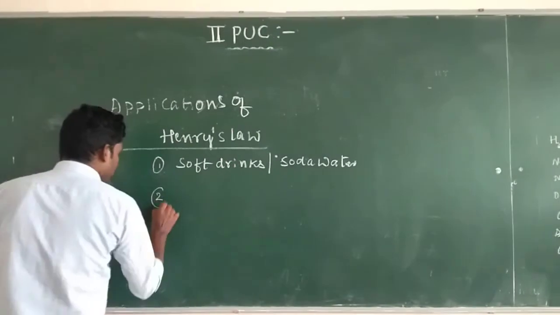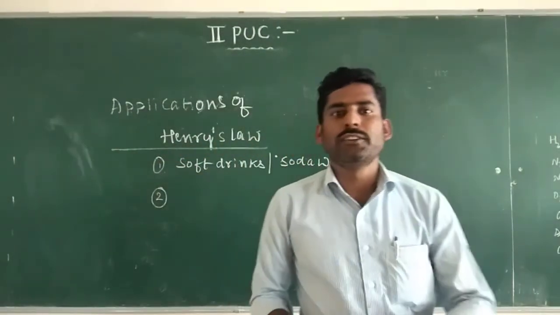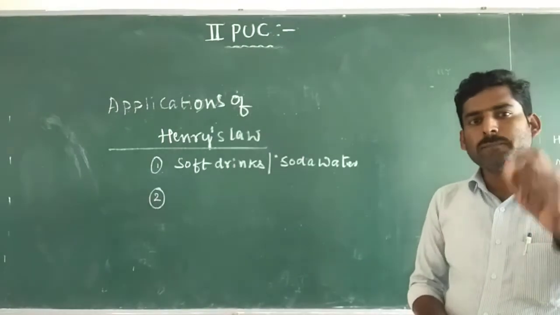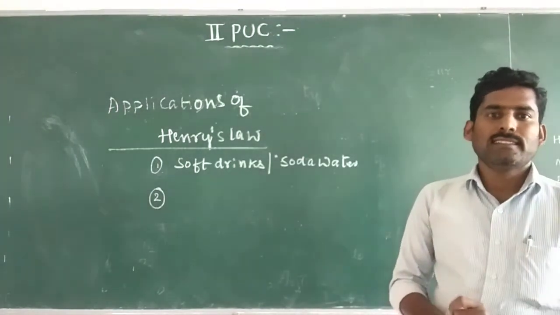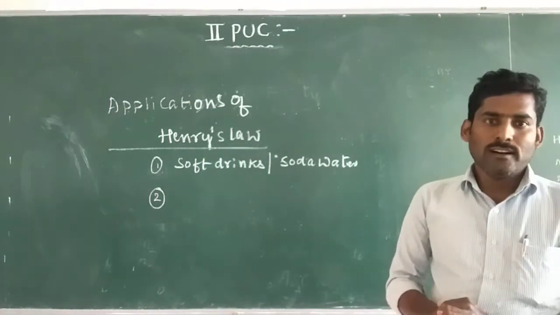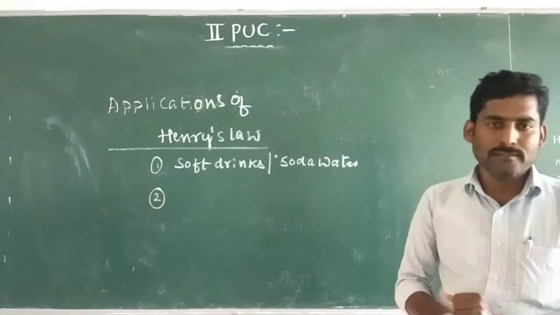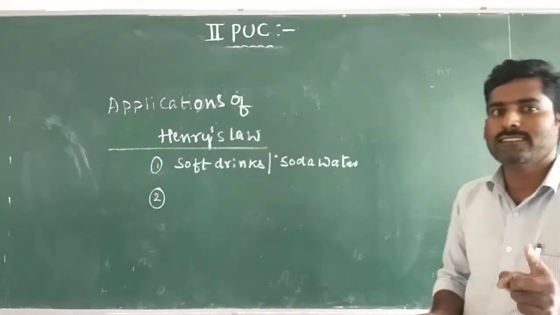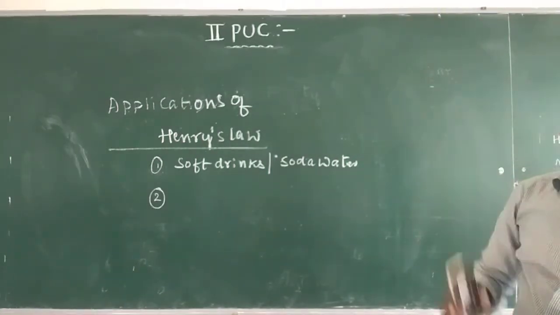And the second one is at higher altitudes. At higher altitudes, the partial pressure of oxygen is lower than that at ground level. Atmospheric pressure exerted by oxygen is more than the oxygen partial pressure at higher altitudes.